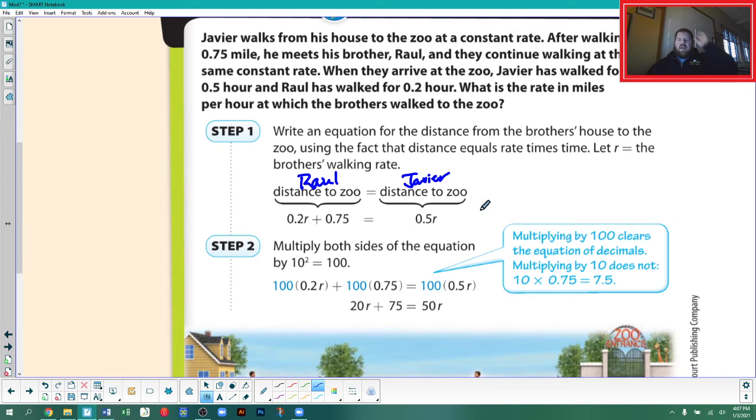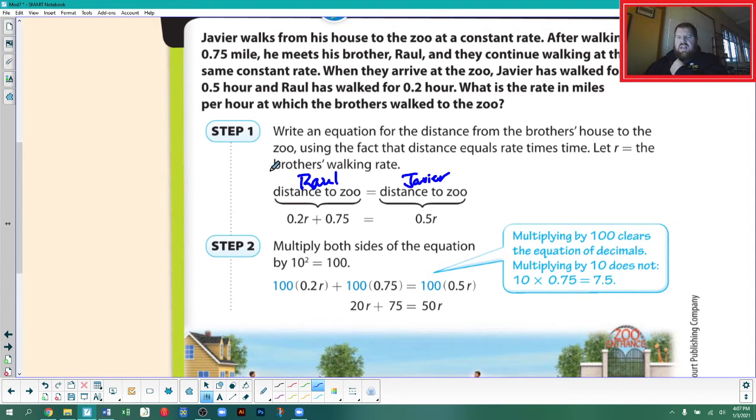Javier just walks for a half an hour, and Raul walks for 2/10 of an hour. And he had a 3/4 mile, 0.75 mile head start, is sort of where all this comes from.